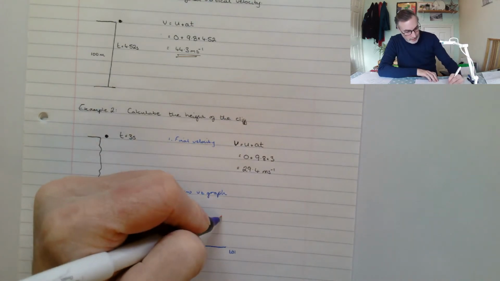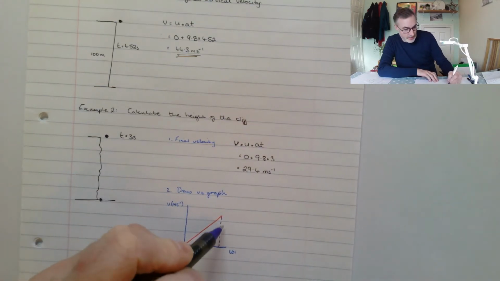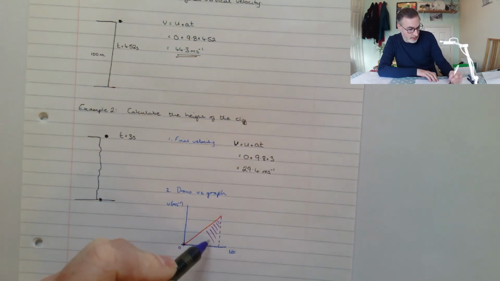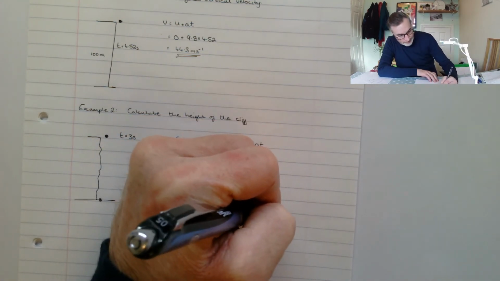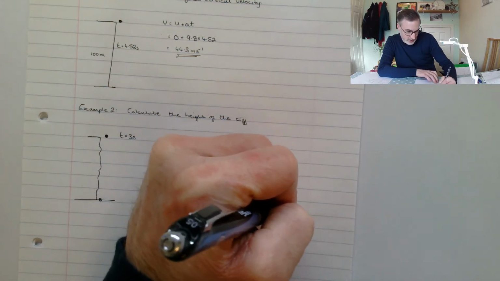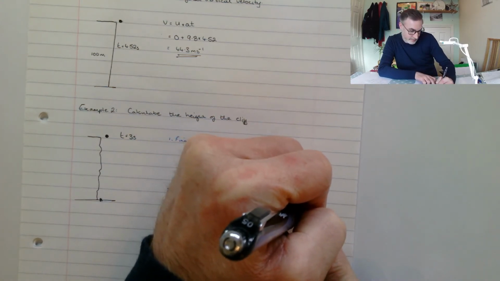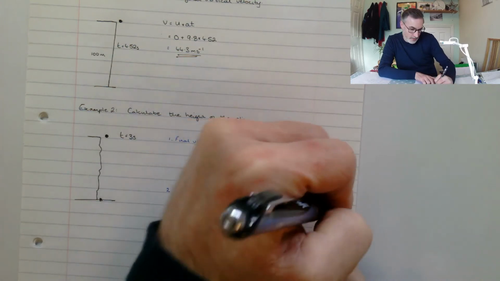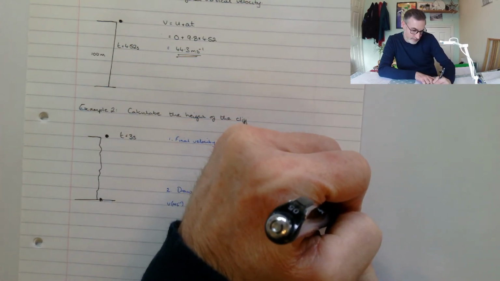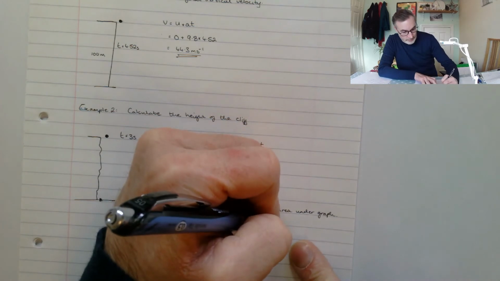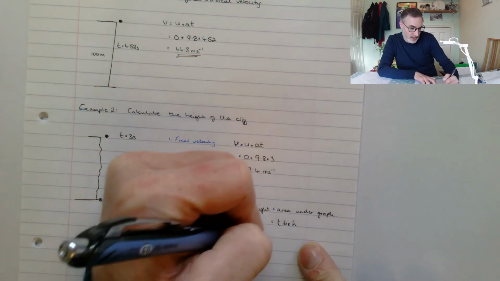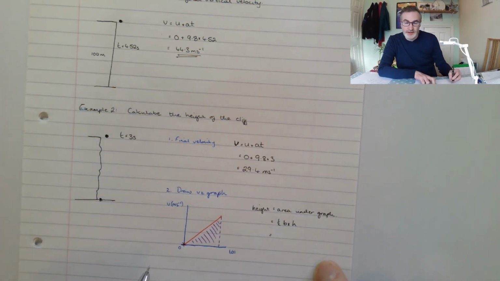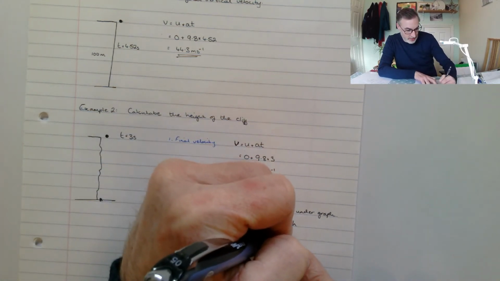And then we just need to work out the area under this graph. So we can say height is equal to area under graph. And that's going to be a half base times height, which is then going to be a half.